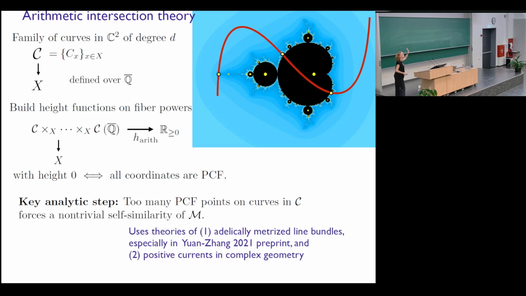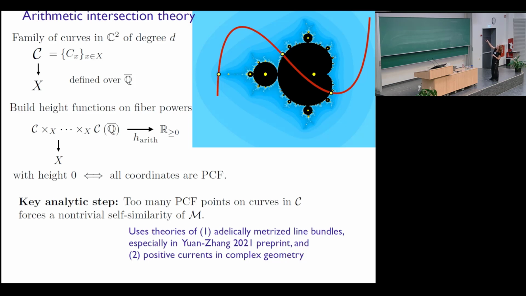Because remember, I told you earlier that there was already a naturally defined height function on this space of polynomials, at least the ones defined over Q bar. On that space of polynomials, there was some naturally defined height function for which the special points were minimal complexity, 0 height. And so we wanted to build a similar function, but maybe now not on just this copy of C or Q bar, but on this big family of curves.